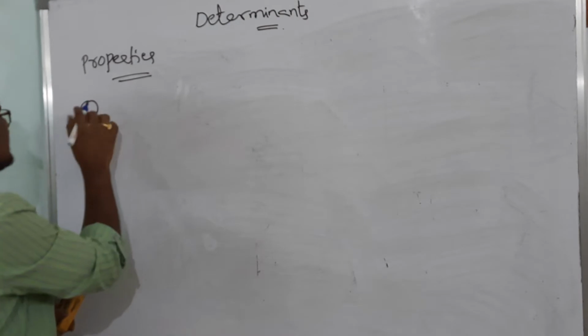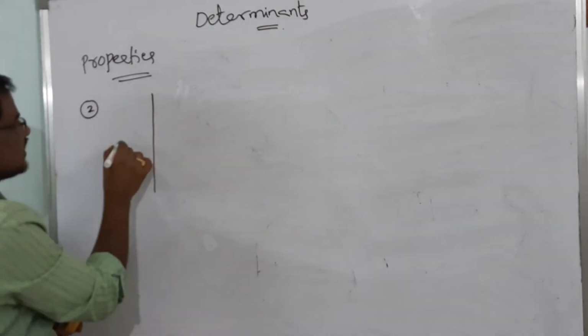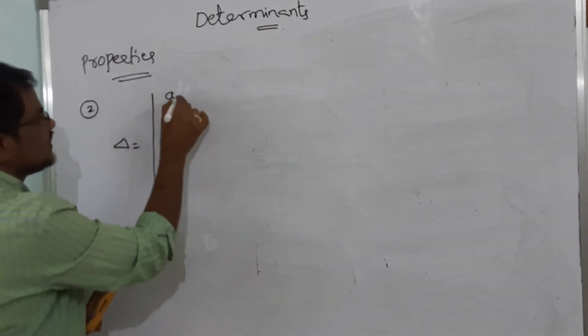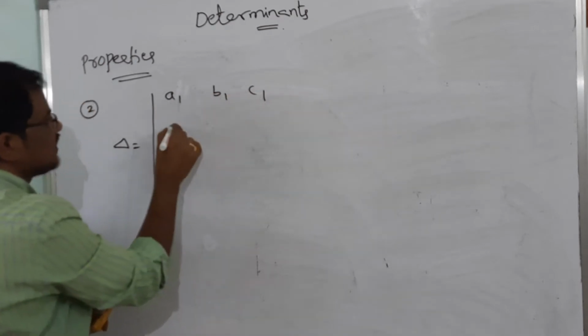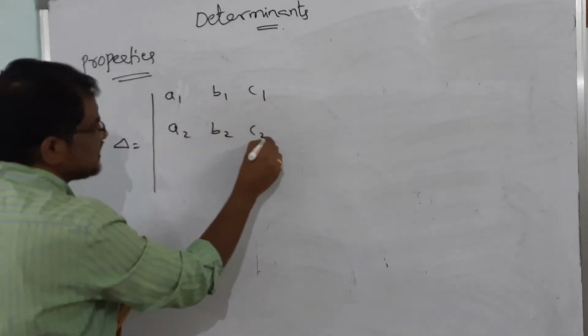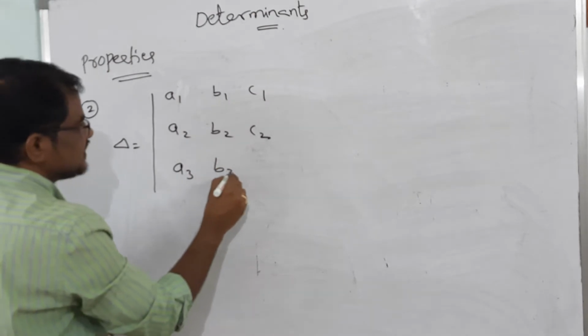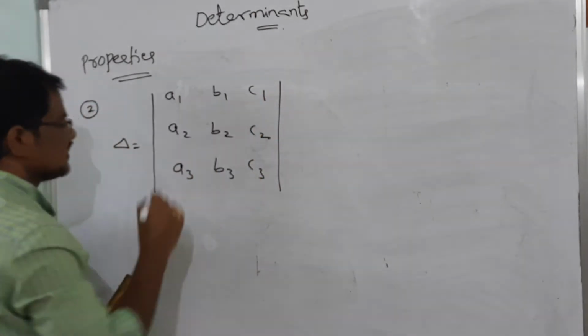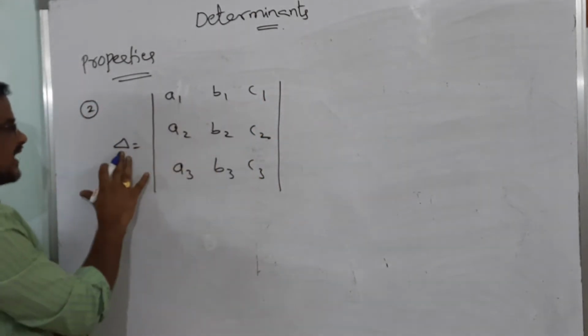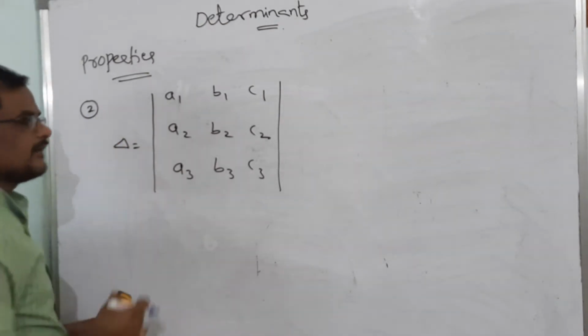Second property: suppose delta equal to A1, B1, C1, A2, B2, C2 and A3, B3, C3. This is the determinant of this matrix, denoted by delta.